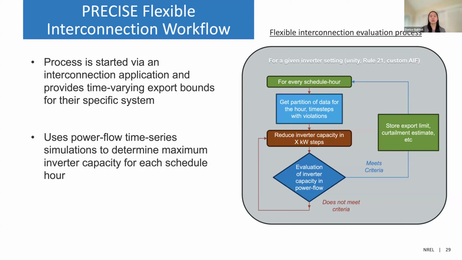And in doing this process, we can try out different flexible interconnection profiles, provide curtailment estimates and energy production estimates to the planning engineers and to the customers as part of a set of interconnection options that are evaluated.